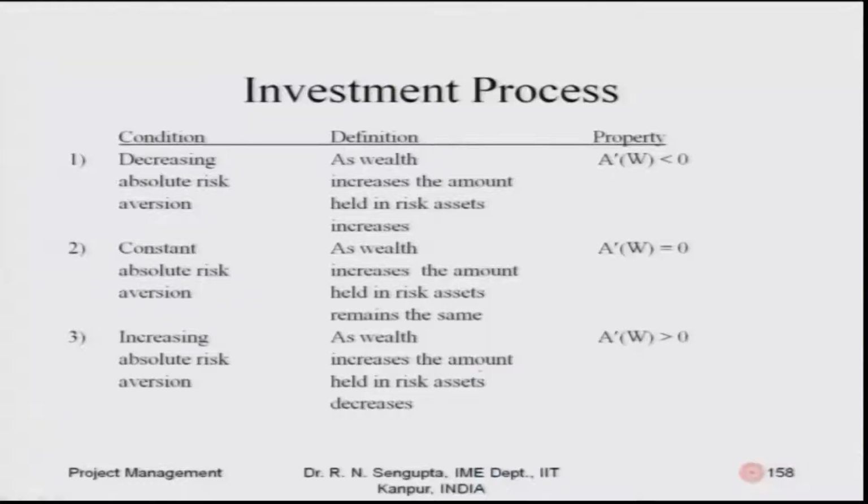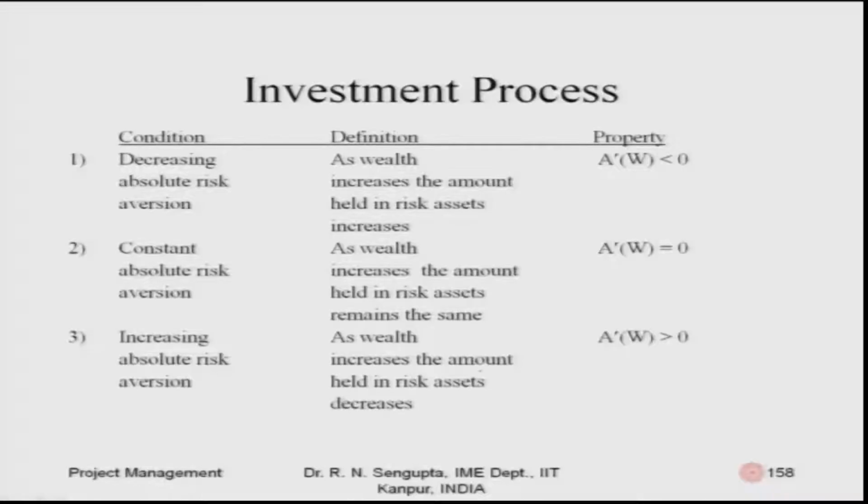If you read that particular statement, as wealth increases, the amount held in risky assets increases, which means I am willing to hold more and more of my overall portfolio of the project, of the investment, whatever it is, in risky assets. So, I am willing to take the risk. If you consider the second point, it is clearly stated that as wealth increases, the amount held in risky asset remains the same. That means my total quantum remains the same.